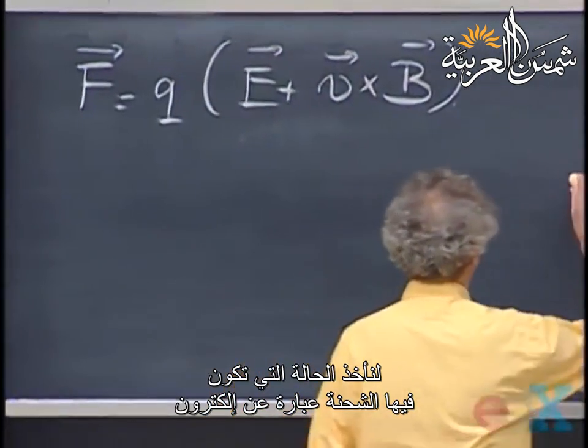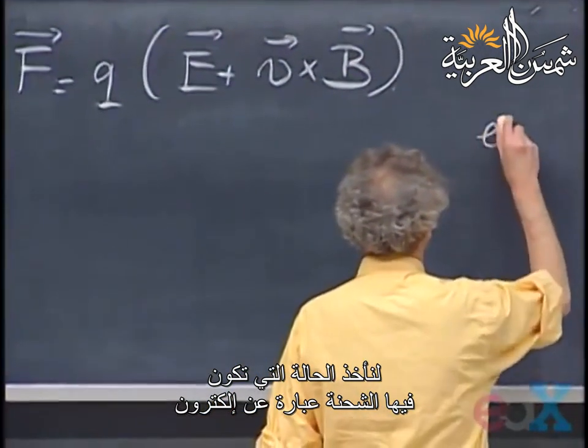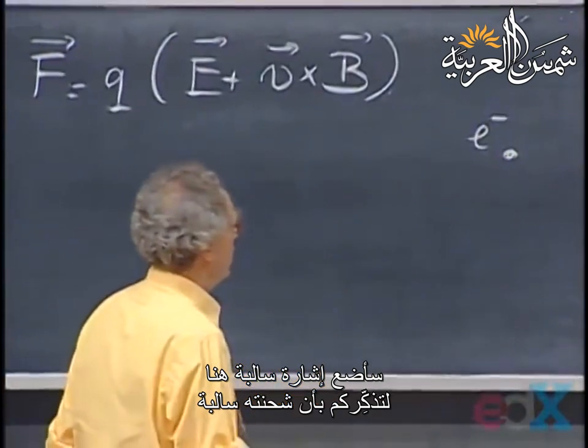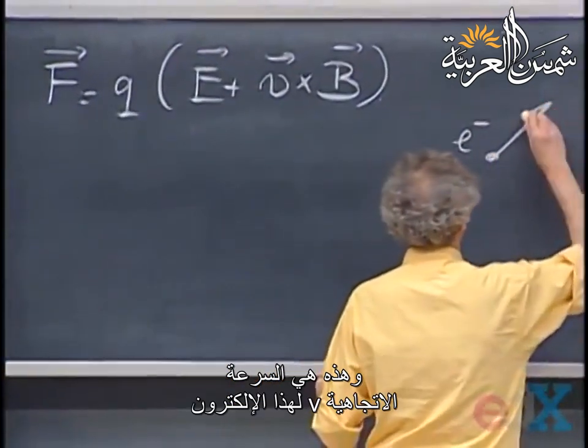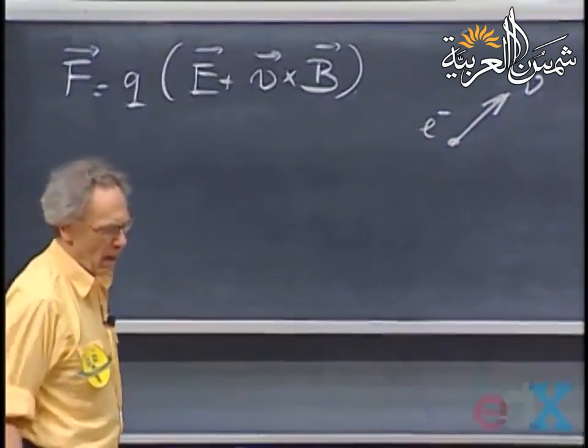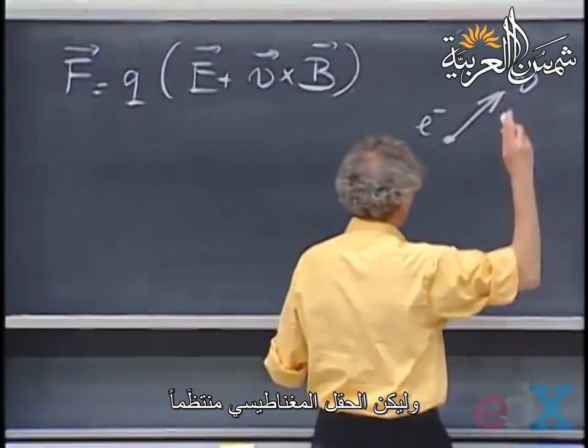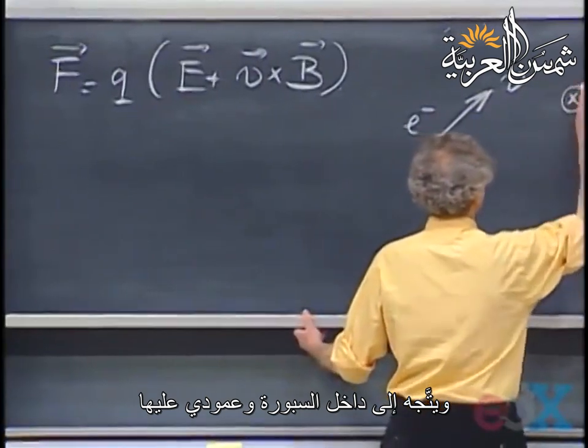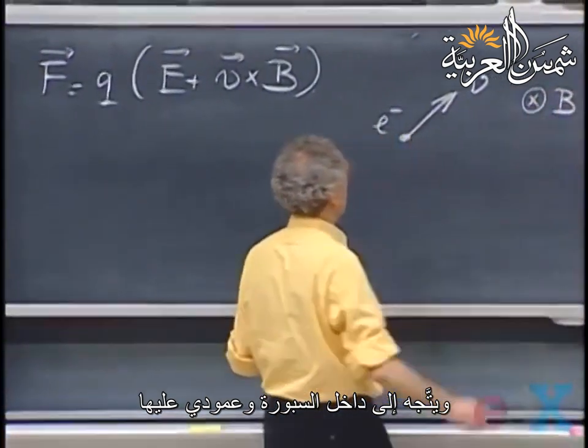Let's take a situation that I have an electron. I put a minus sign there to remind you that the charge is negative. And let this be the velocity of that electron, and let the magnetic field be uniform, perpendicular to the blackboard in this direction, going into the blackboard.